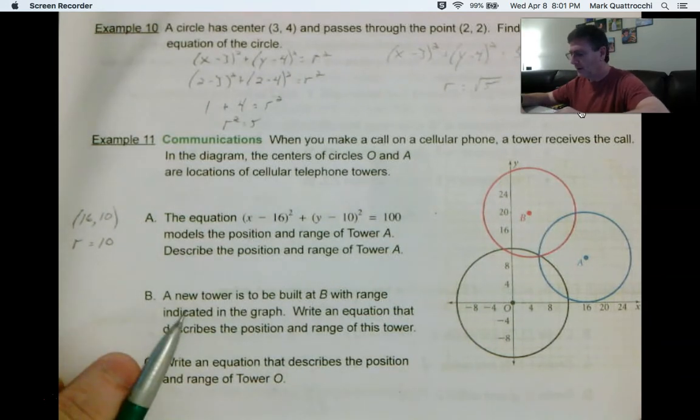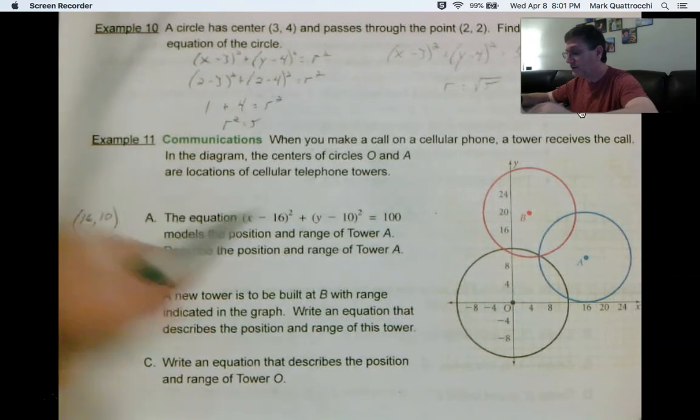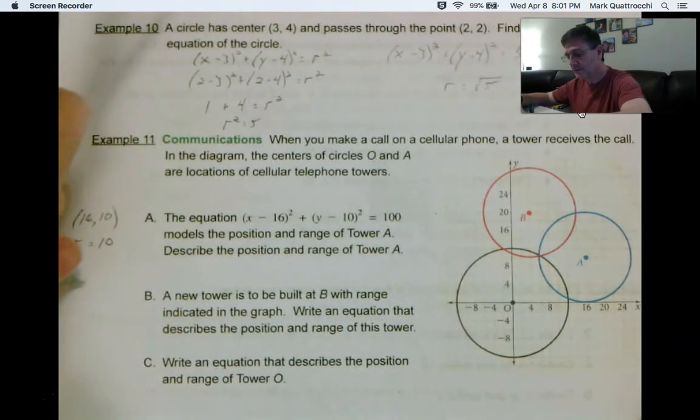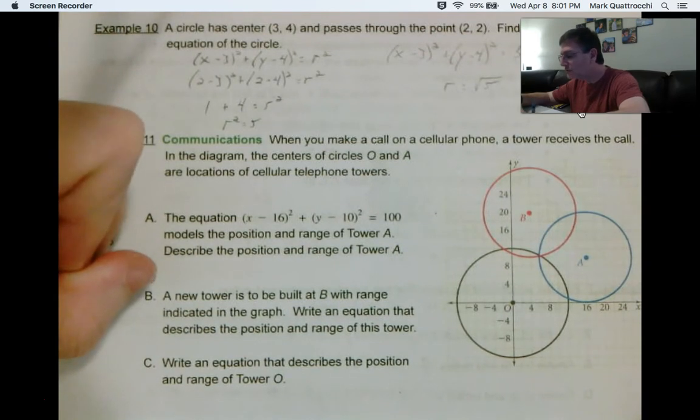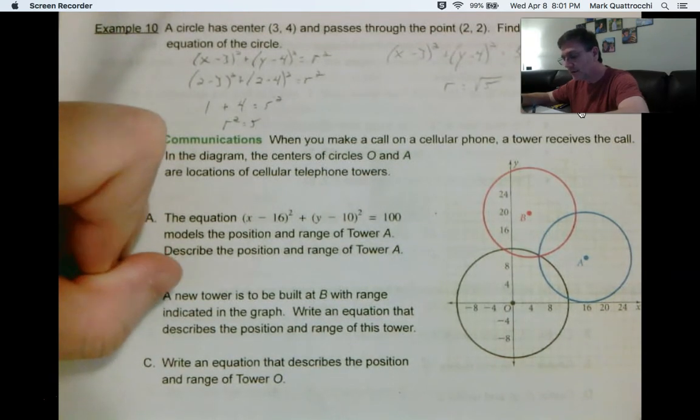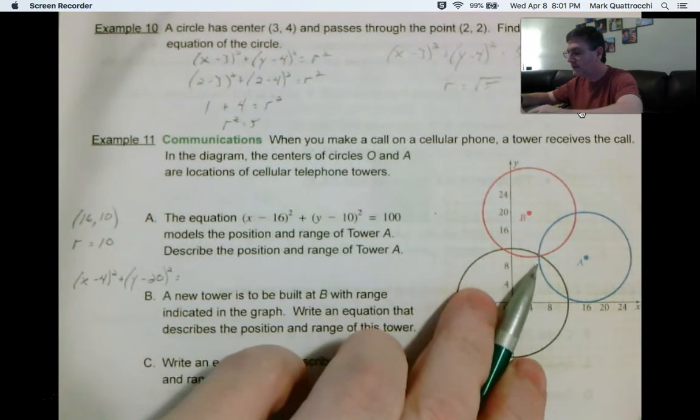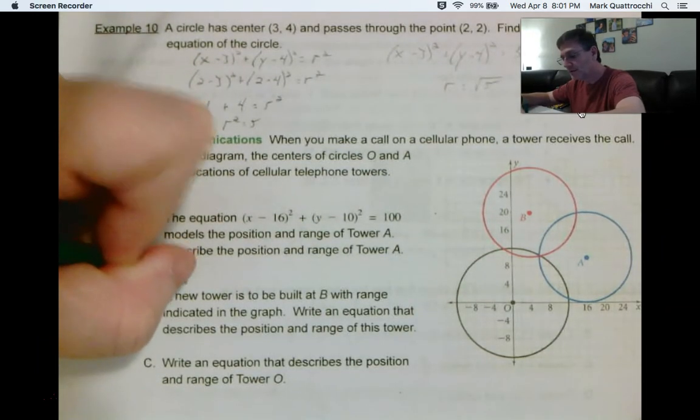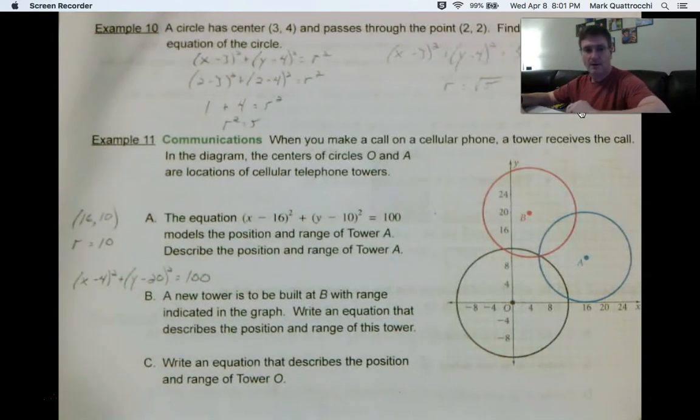Part B, we want to come up with the equation for this particular circle. So this one's going to be x minus 4 squared plus y minus 20 squared equals, the radius we counted was 10, so equals 100.